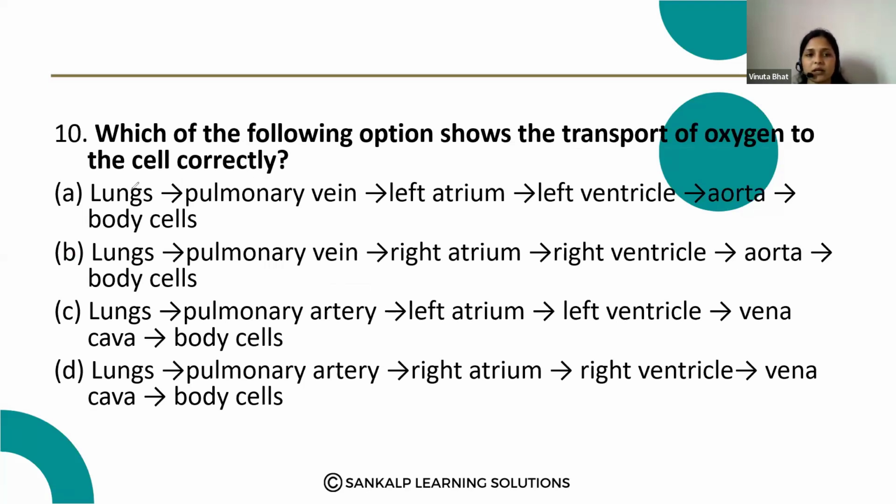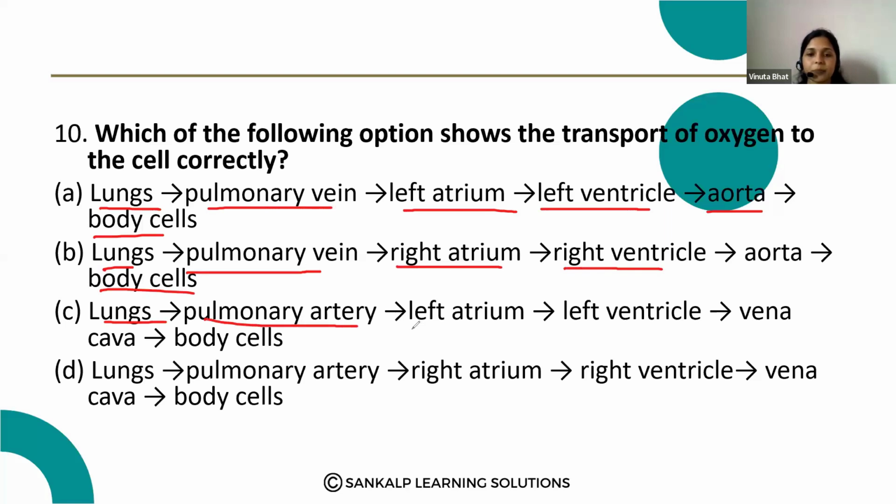So how does it occur? The options are: lungs, pulmonary vein, left atrium, left ventricle, aorta, body cells; lungs, pulmonary veins, right atrium, right ventricle, aorta, body cells; lungs, pulmonary artery, left atrium, left ventricle, vena cava, body cells; lungs, pulmonary artery, right atrium, right ventricle, vena cava, and body cells.